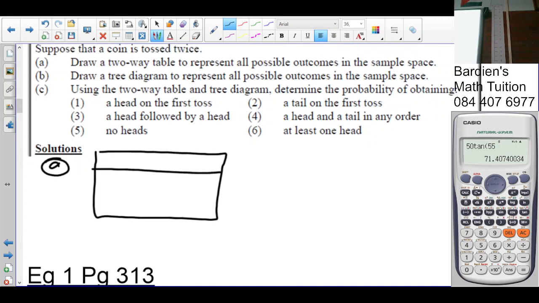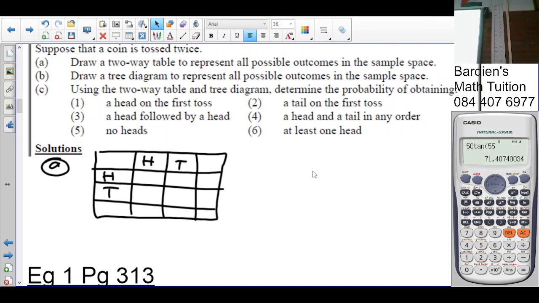Okay. So on the first toss could be heads or tails. The second toss could be heads or tails. So if we look at my outcomes, if the first coin is heads, then your second coin could also be heads.